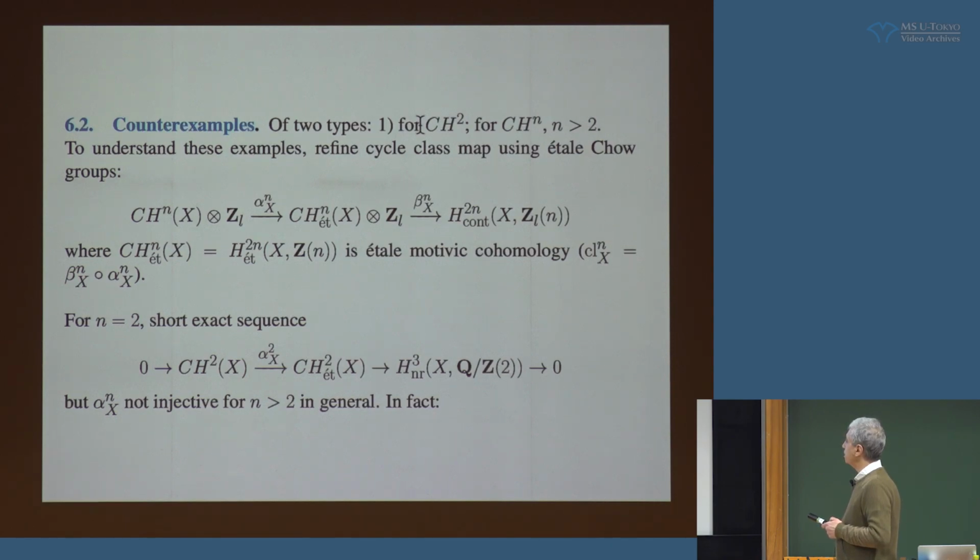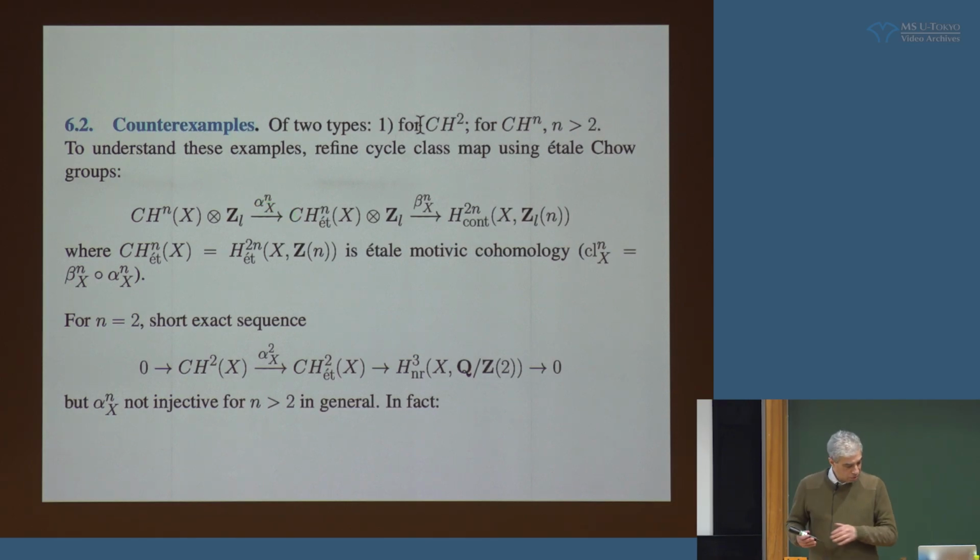And then for n equals 2, the relationship between Chow 2 and étale Chow 2 is given by a short exact sequence like this. So in particular, alpha 2 X is always injective. But when n is bigger than 2, it's not injective in general. And then when I look at these counterexamples, I thought for n bigger than 2, maybe they are already killed by alpha n.